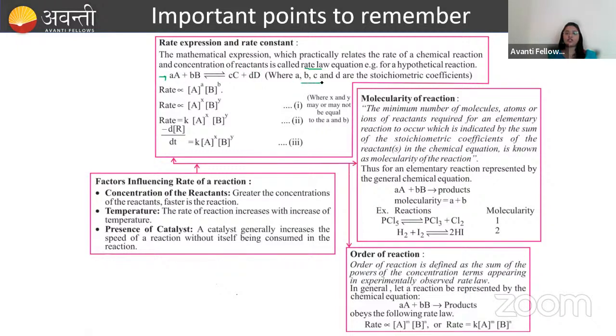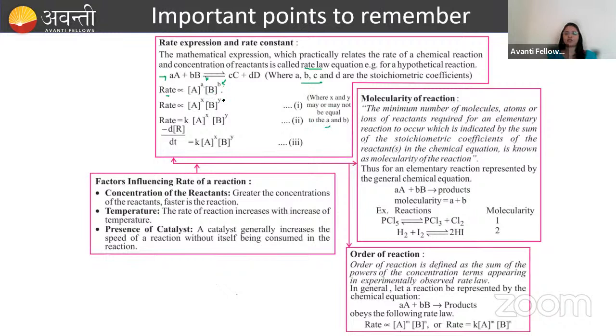Here a, b, c, d are stoichiometric coefficients. So what will be the rate of this given reaction? It will be directly proportional to the concentration of the reactants present, with respect to their respective number of moles. So A and B are the reactants and small a and small b are their number of moles. So I have directly written that, where x and y may or may not be equal to a and b.